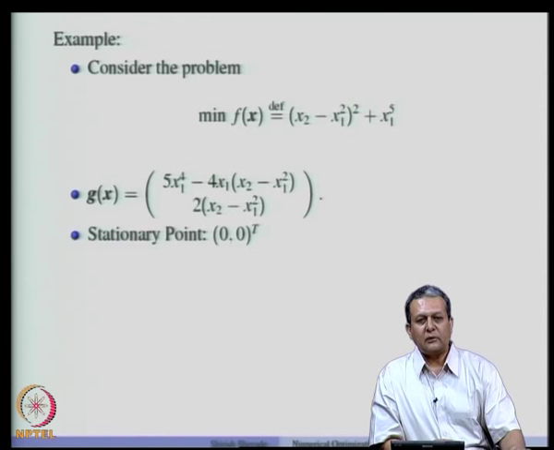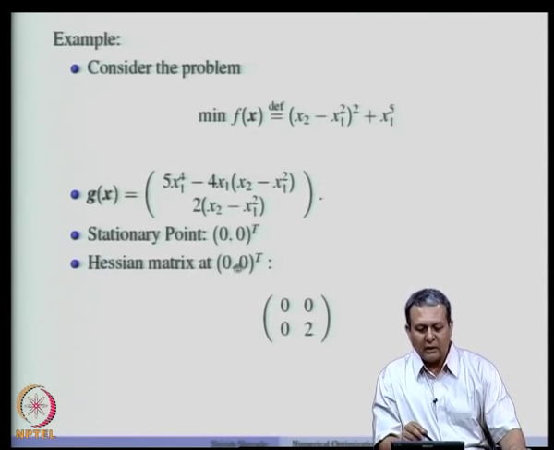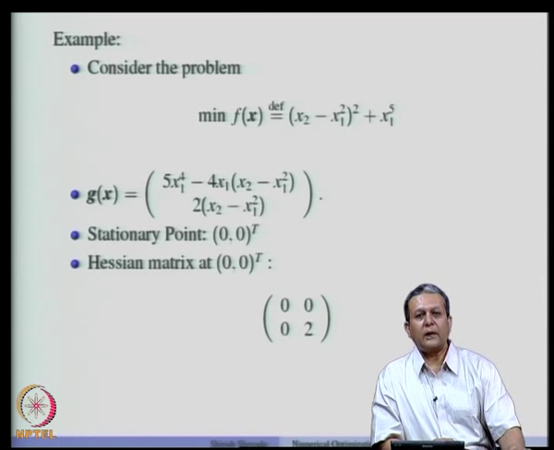For that purpose, let us look at the Hessian matrix of this function at the origin, which is given here. You will see that this matrix is positive semi-definite. It is not a positive definite matrix. So, second order sufficient conditions are not satisfied, and we really cannot conclude much from this second order information.